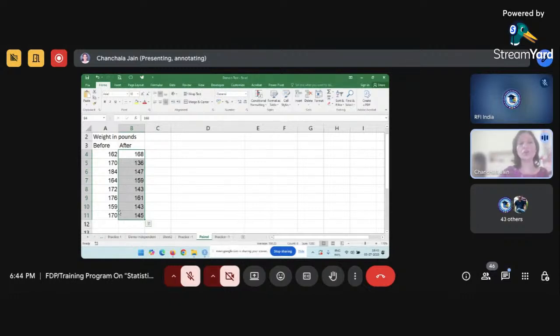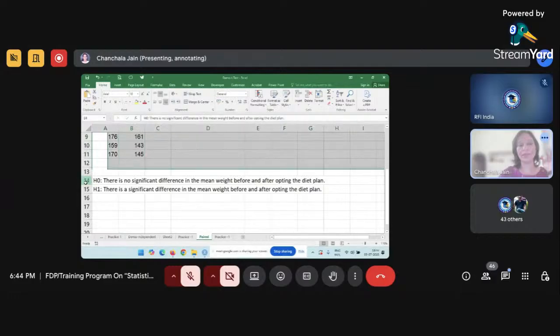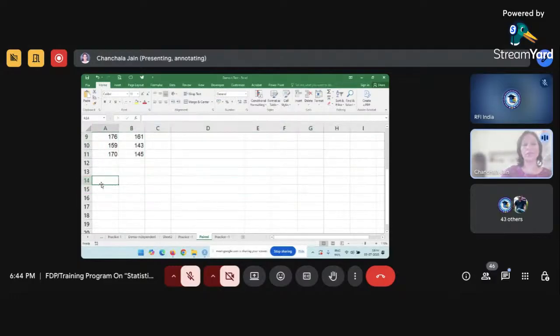Now you need to make your null hypothesis, right? I am deleting and writing again for every one of you. The null hypothesis will be: there is no significant difference in the mean weight before and after the diet plan, or before opting and after opting for the diet plan.